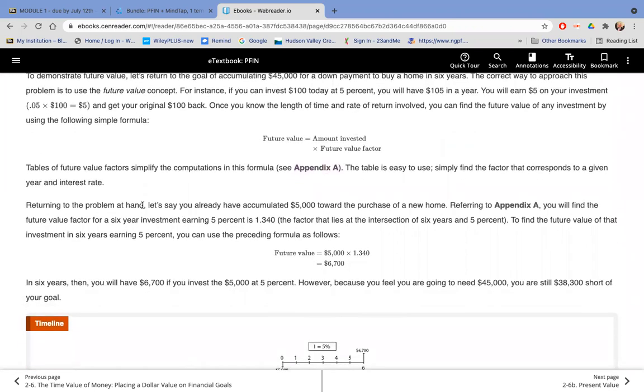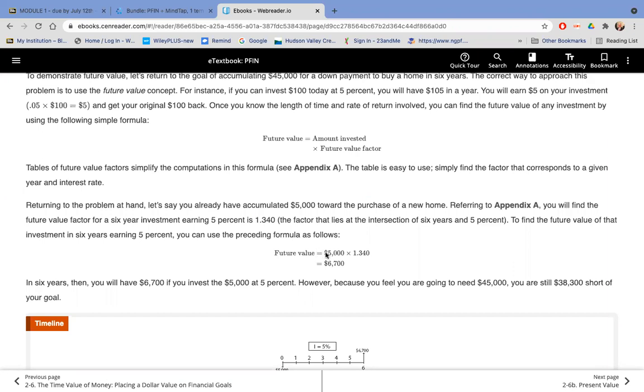Here, they're looking at an issue where you've gotten $5,000 and you're going to save it for 6 years, and you're thinking you're going to get 5% per year for those 6 years. So Appendix A is where you look for the factor. Now the factor is simply for these two numbers, a 6 year period at 5%. The factor is 1.34.